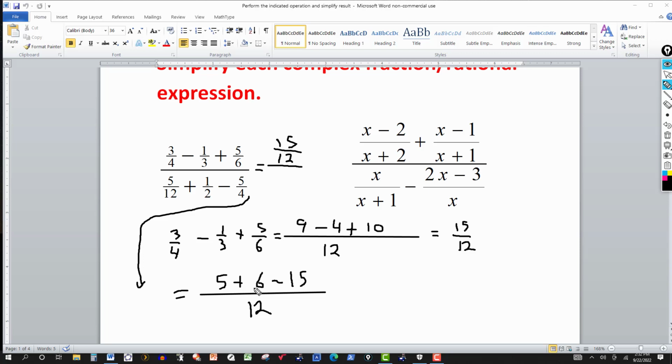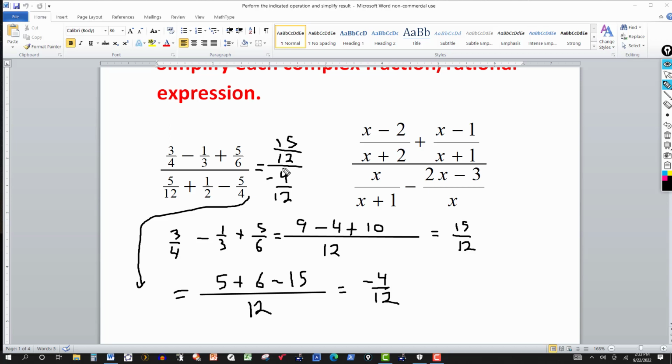And then 5 and 6 is 11, and minus 15 is minus 4 over 12. Now ordinarily I would reduce this, but because I have a 12 over here on top also, I'm just going to leave it and say it's 15 over 12 divided by negative 4 over 12.